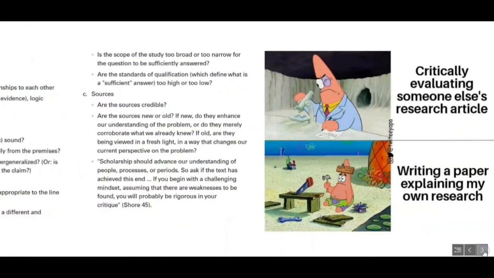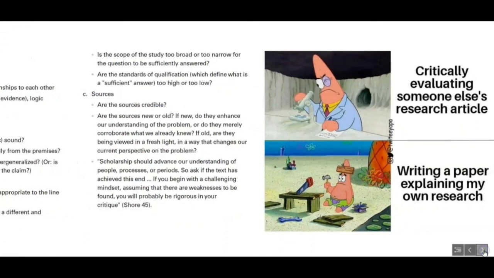So as Shore writes here, scholarship should advance our understanding of people, processes, or periods. So ask if the text has achieved this end. If you begin with a challenging mindset, assuming that there are weaknesses to be found, you will probably be rigorous in your critique. If your goal again is to make a really strong argument, it helps to adopt this kind of mindset.